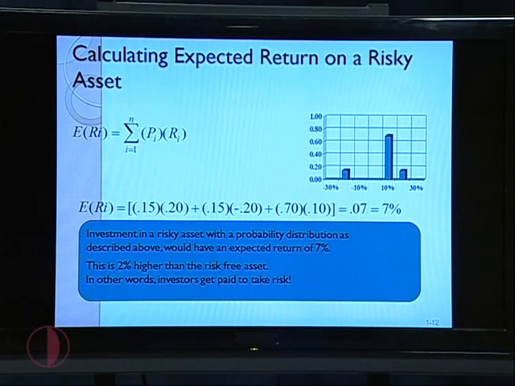Look at this slide, we have 7%. This is higher than risk-free assets with 2%. In other words, the investors get paid to take risk.